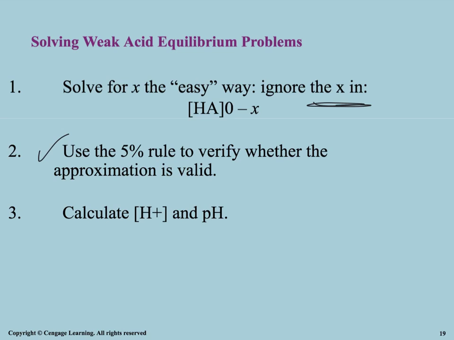There's a 5% rule we're going to check, and that is at the end of the problem, you should be able to check to see that your estimate of ignoring X is okay. Okay, I'll show you how to do that. And then don't forget to always calculate exactly what the problem wants.